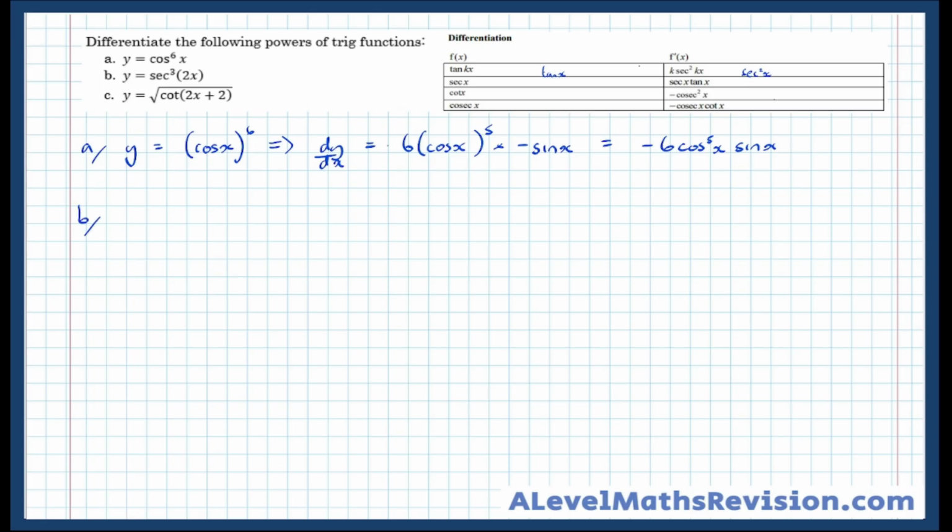Part B, differentiating y equals sec cubed of 2x. So y equals, and sec cubed of 2x means sec of 2x all cubed. So maybe you want to pause it again, have a go differentiating that.